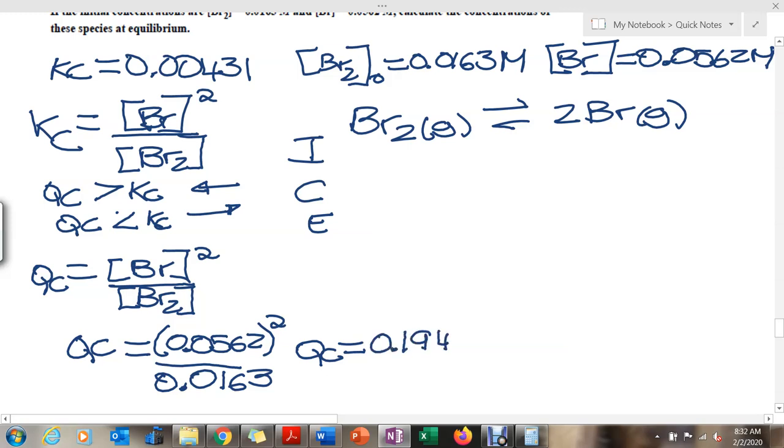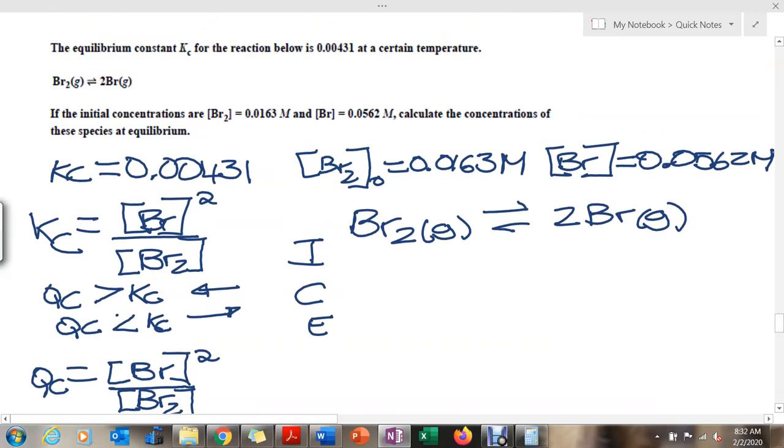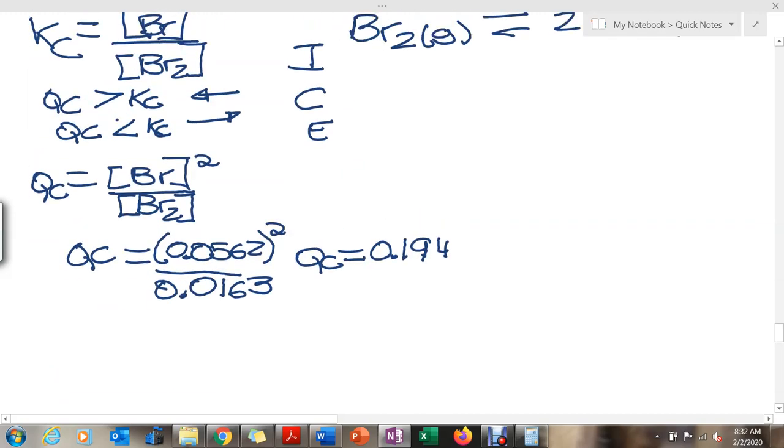So what do we need now? To compare it to the Kc of the reaction. And the Kc value is 0.00431. So what is it telling you?